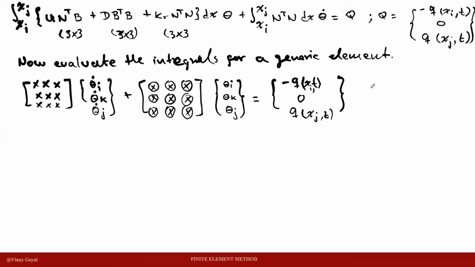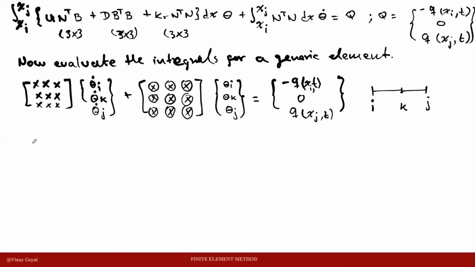So my elements, with node i at the beginning, node j at the end, and node k in between xi and xj, are of the same length, and the position of the middle node is in the center. So I'm considering the two elements of equal length.